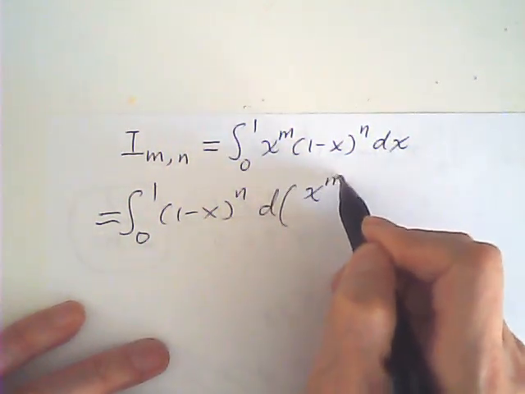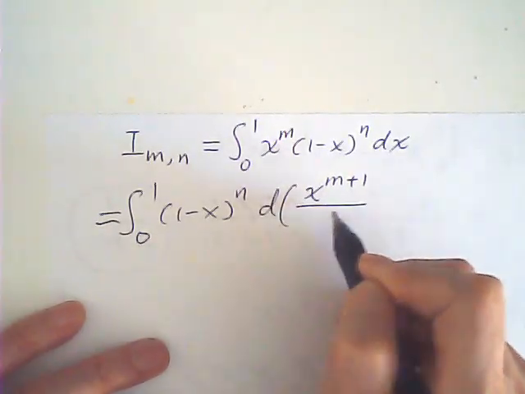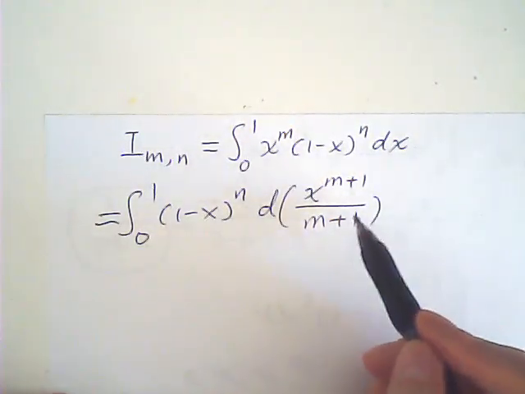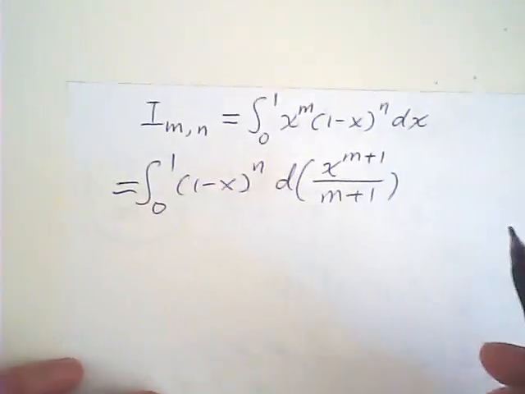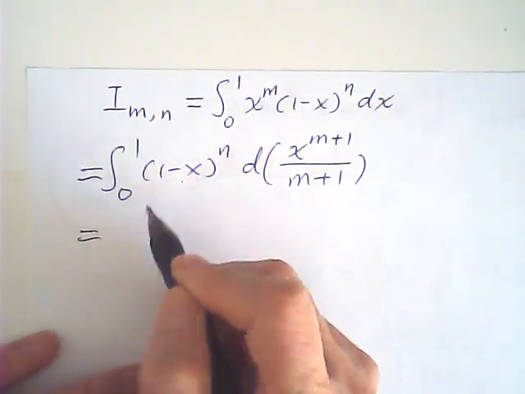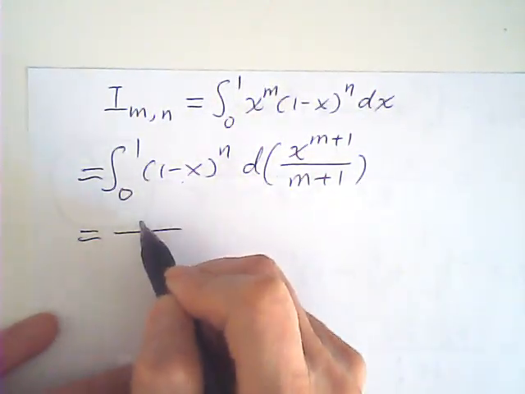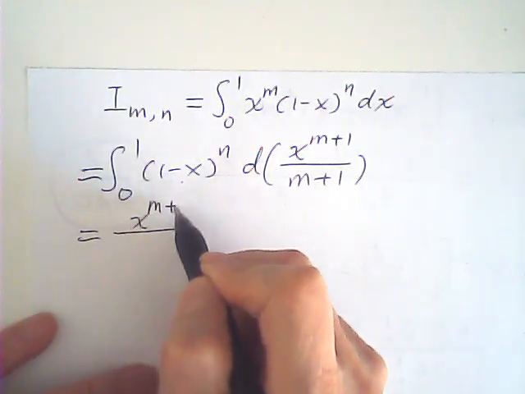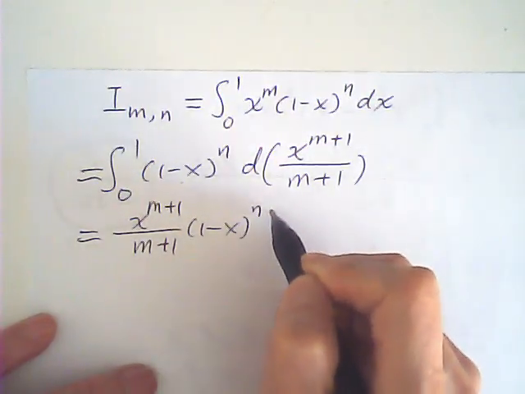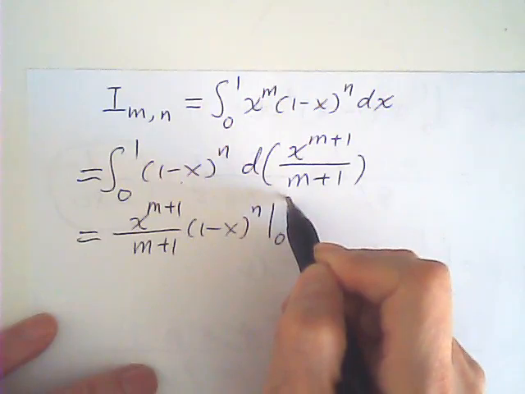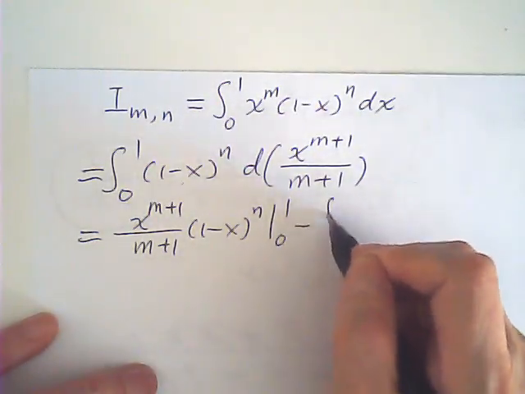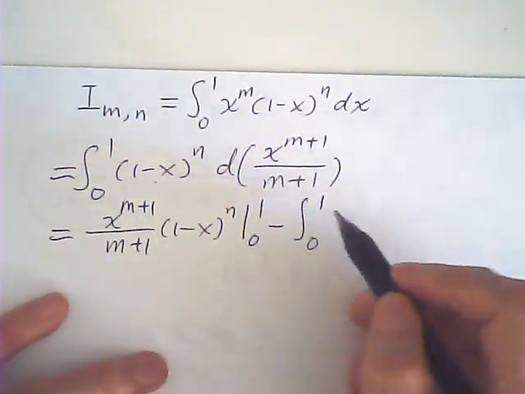I write x^m dx as the derivative of x^(m+1) over m+1. Now I can use integration by parts, uv. So u times v is x^(m+1) over (m+1) times (1 - x)^n from 0 to 1, minus the integral of v du.